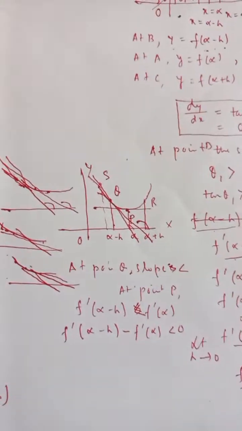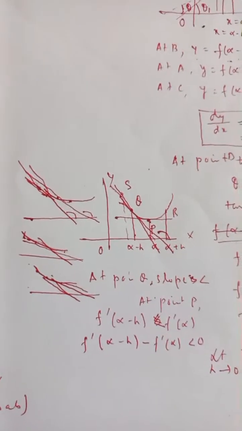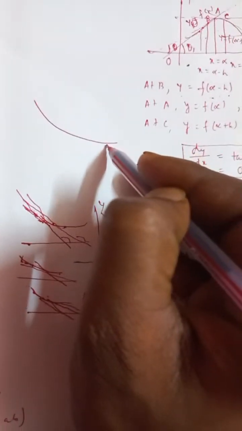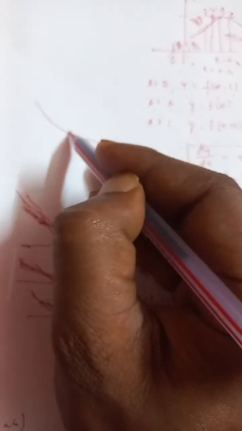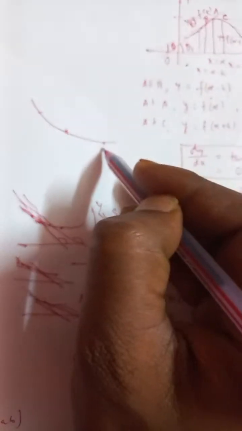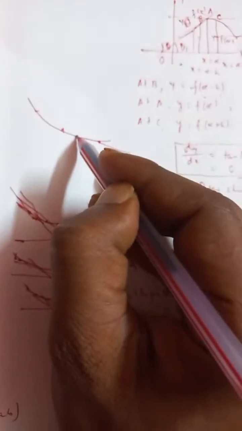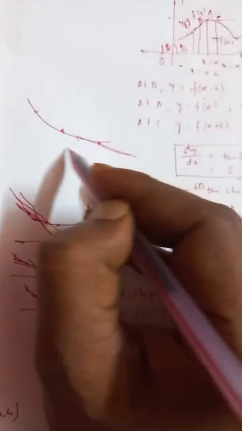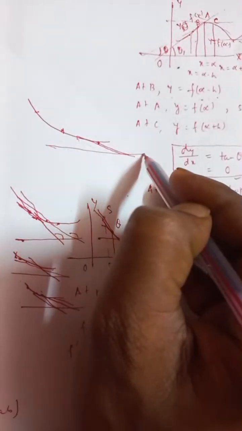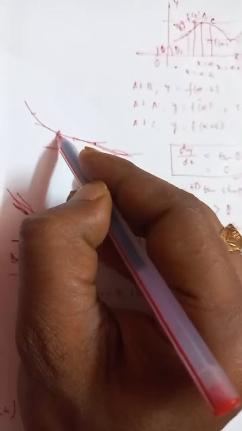Less than 0. Here I am drawing it together. This is the minimum point, increasing. Here we are drawing a tangent, so the slope is in this way. Here we are drawing the slope.